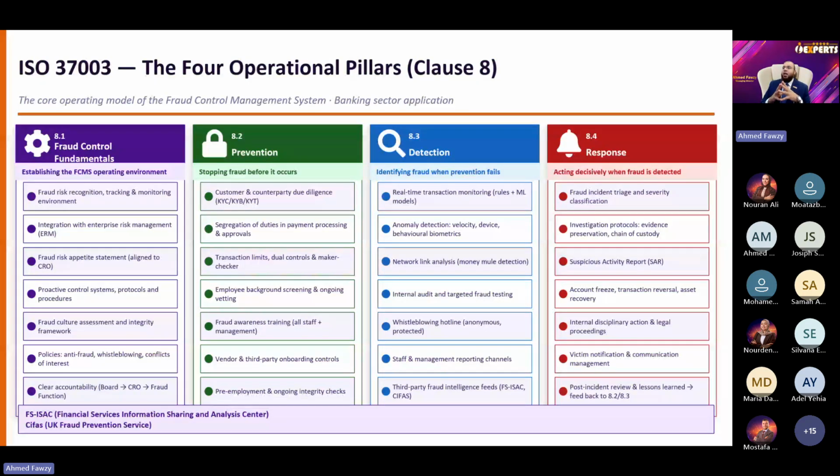Remember that for any customer, any counterpart, we call it due diligence, you have to have know your customer, know your business, know your transaction. Yeah, every transaction that is happening in my SWIFT, in my local scheme, in my network, I must be aware of this transaction, even in the software.